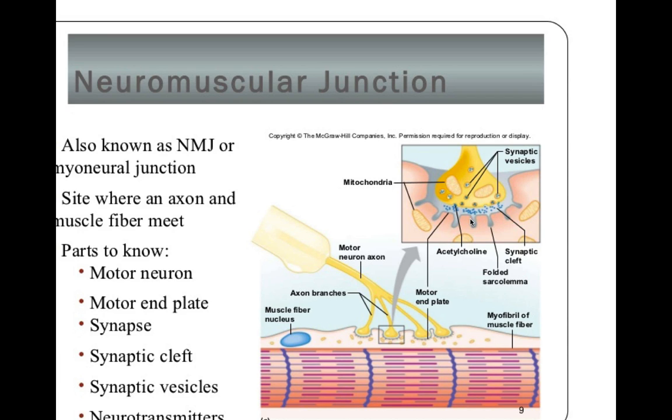I just wanted to bring that up because some students will ask what is the difference between the neuromuscular junction and the motor end plate. This is basically telling you the neuromuscular junction contains the motor end plate.